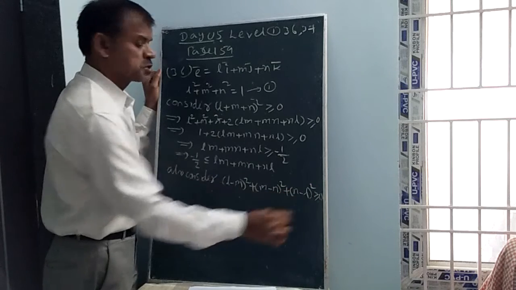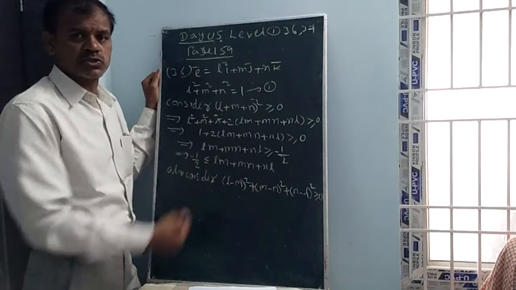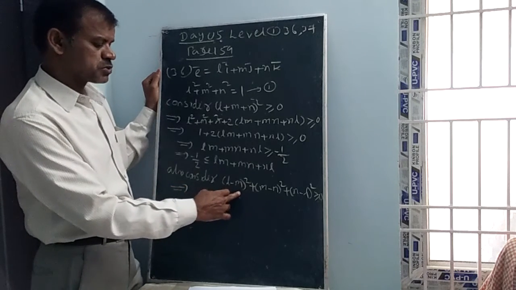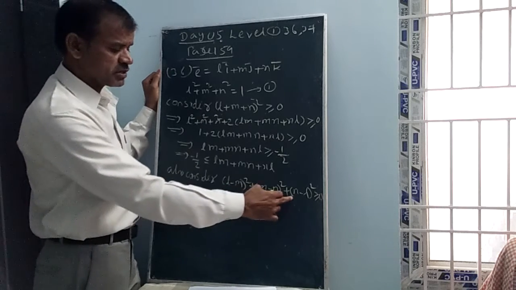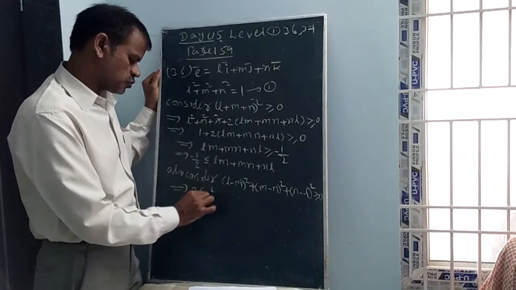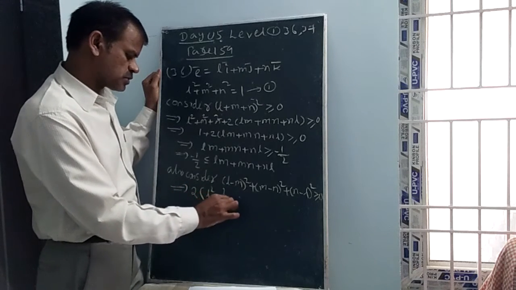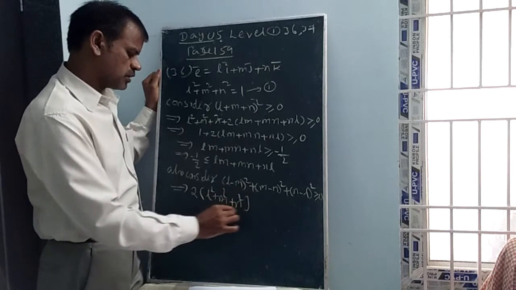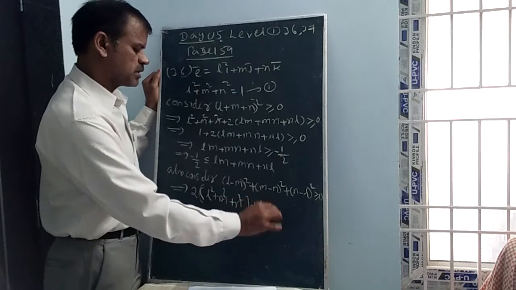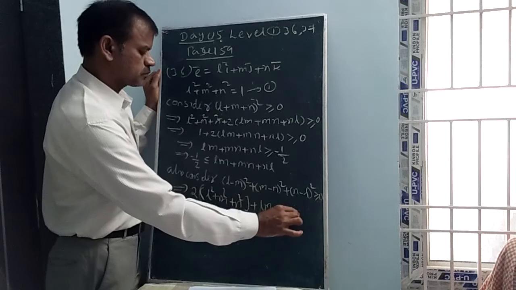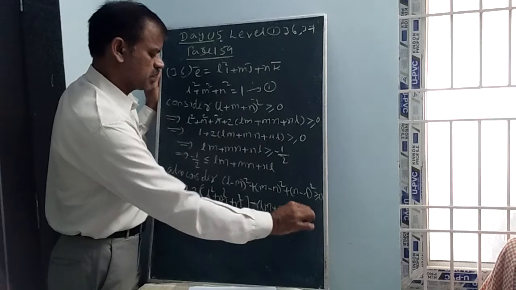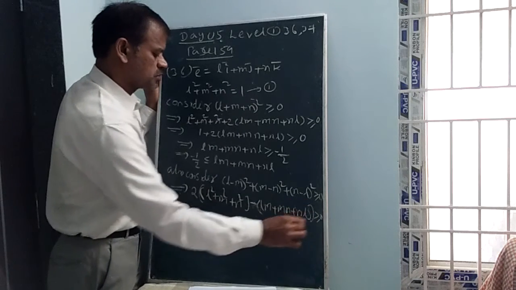Of course, every square is greater than or equal to 0, so this is also greater than or equal to 0. Now you can write L square plus M square minus 2Lm, plus M square plus N square minus 2Mn, plus N square plus L square minus 2Nl. Using this, you can write 2 into L square plus M square plus N square, minus 2 into Lm plus Mn plus Nl, this is also greater than or equal to 0.